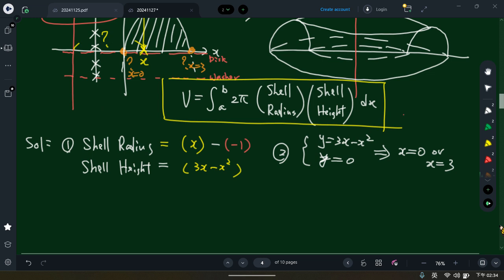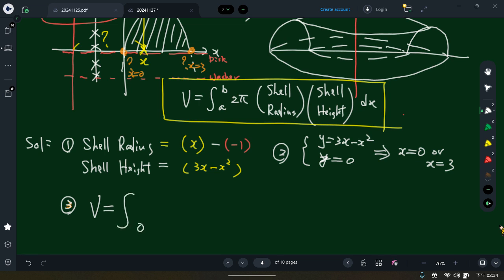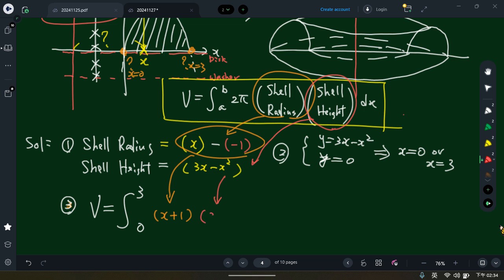Then finally we just put them together. So V will be the integral from 0 to 3 of the shell radius times the shell height, then dx.